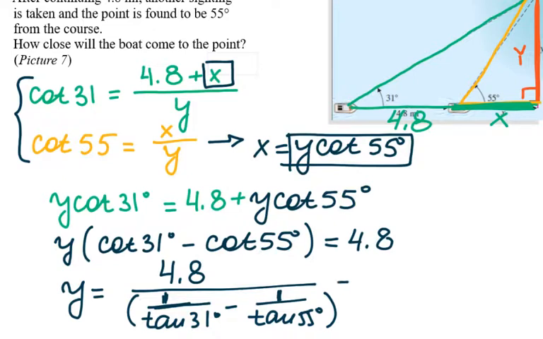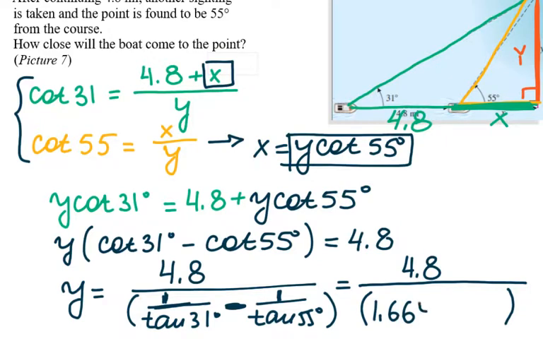And then after you do these questions, always make sure that you plug in the numbers in steps. Don't do all of them at once in your calculators. I know you want to type the whole problem into the calculator and do your calculations, but this is where you usually make mistakes. So what I'm going to do is take 1 divided by tangent of 31, minus 1 divided by tangent 55, and that will give me 0.96.